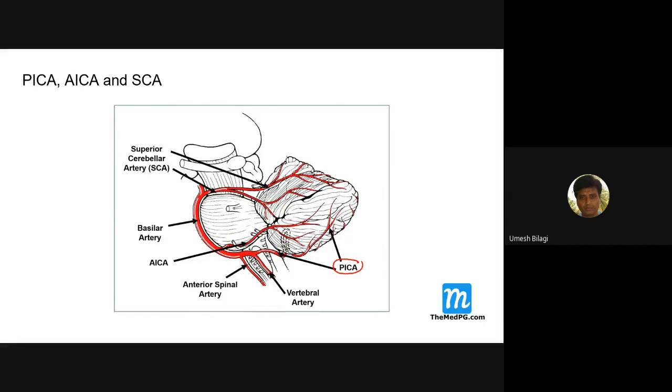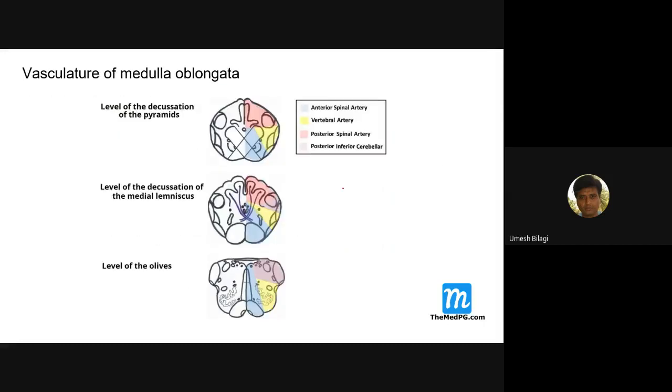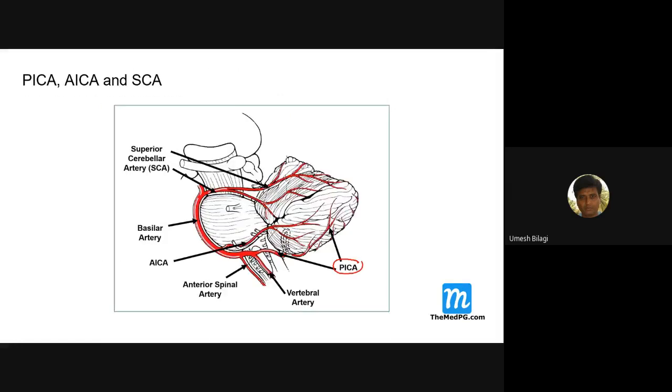PICA is supplying here: the upper and middle part of the medulla oblongata is supplied by PICA. Along with that, it supplies the inferior and the posterior part of the cerebellum.